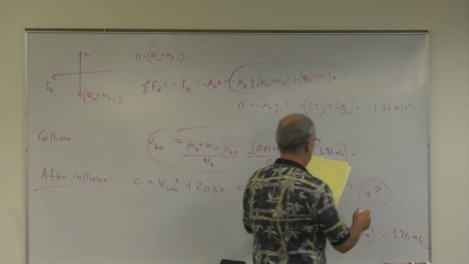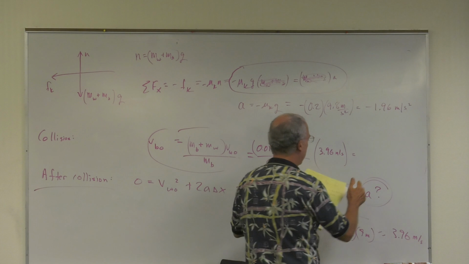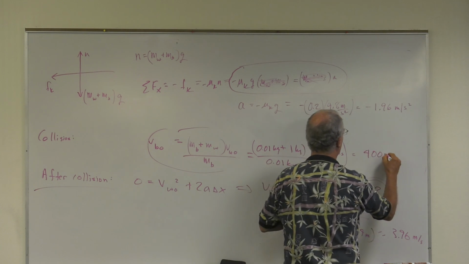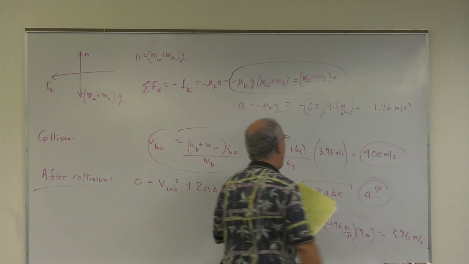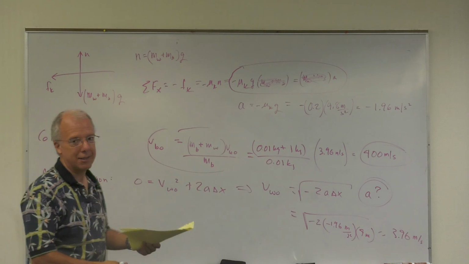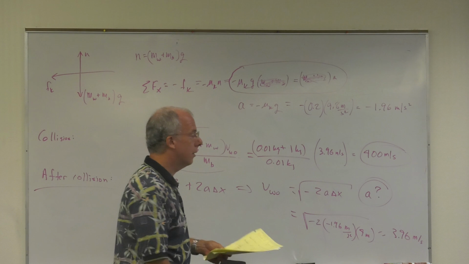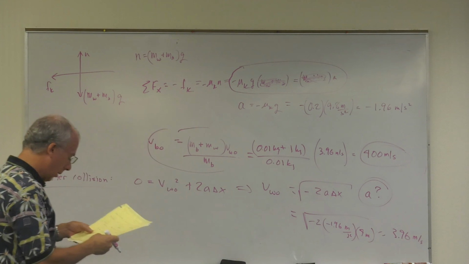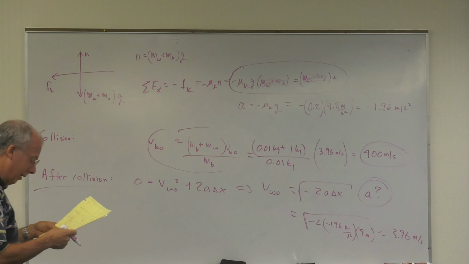And you get 400 meters per second. Wow, that was a lot of work. Does 400 meters per second sound reasonable for a bullet? Yeah, it sure does.